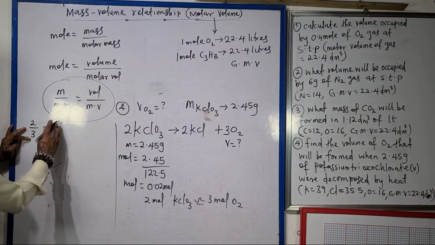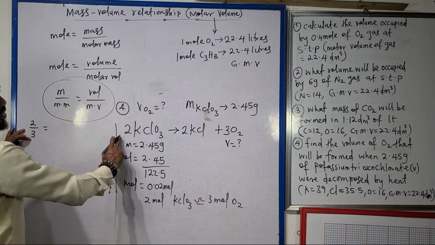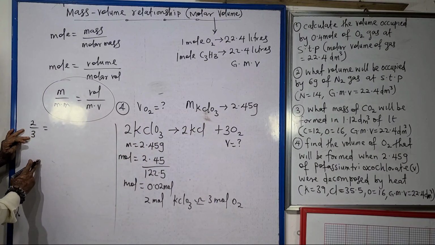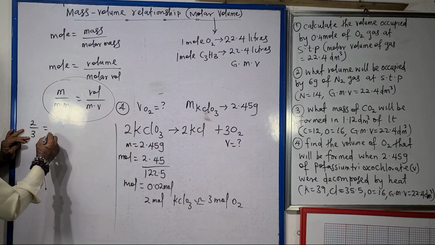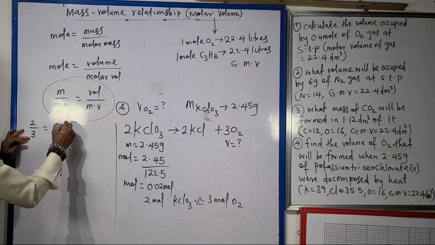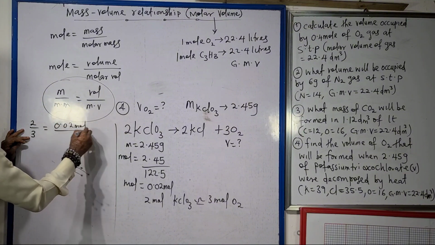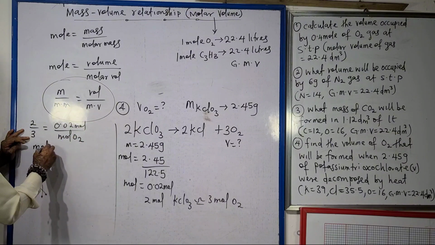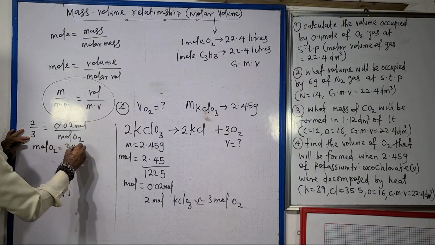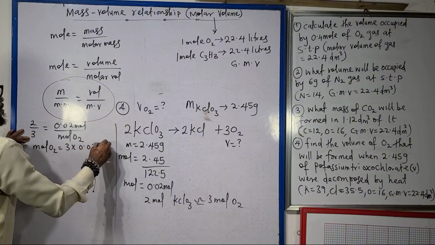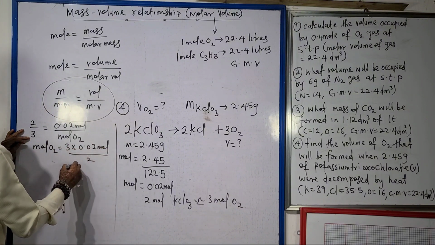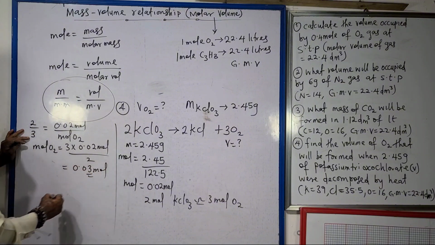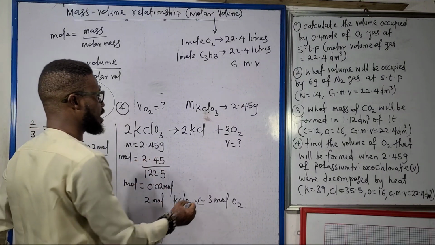So 2 over 3, 2 represents from the equation the mole of KClO3 compared to 3 moles of oxygen from the equation, and the implication of that is 0.02 mole divided by what will be the mole of oxygen. Mole of oxygen here is going to be 3 times 0.02 mole divided by 2, and this will give you 0.03 mole.